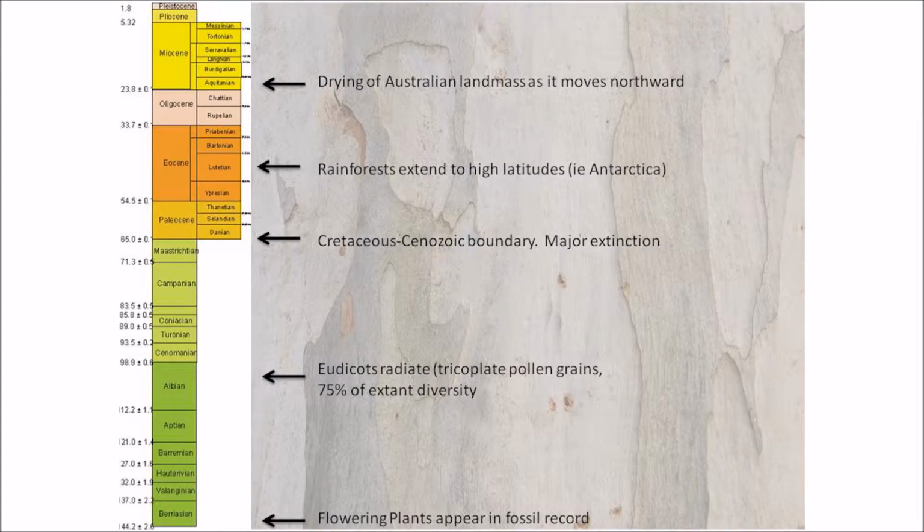And so for those of you that aren't familiar with geological timescales and the fossil record, I thought I would have to put some information up to start things off. So the Cretaceous period, the period in green, the time of the dinosaurs, we can see that flowering plants first appear right at the base of that period of geological time.